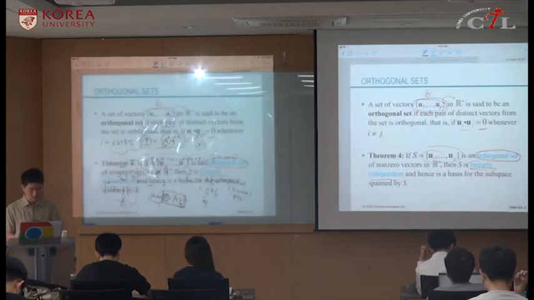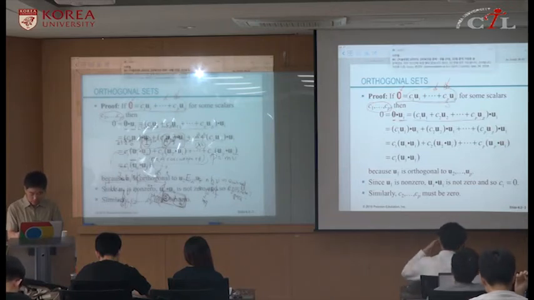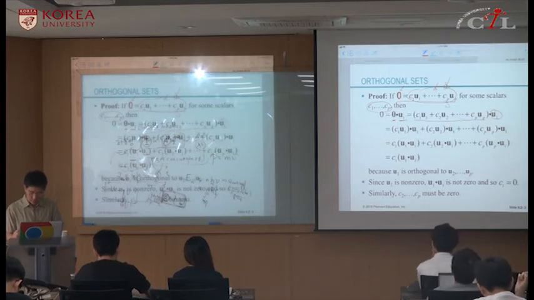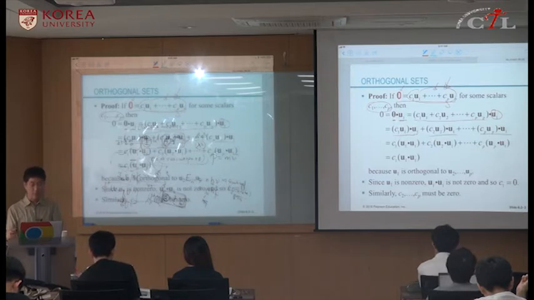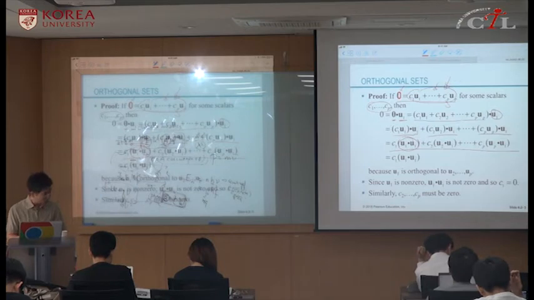The 0 vector dot u1, and then the linear combination that we obtained here dot u1. This can be distributed in this manner, and this last term is the inner product between the same vector, and then we obtain these.